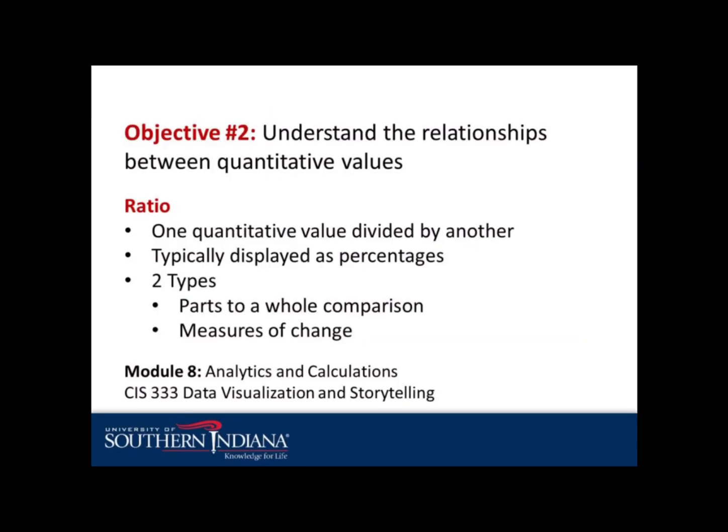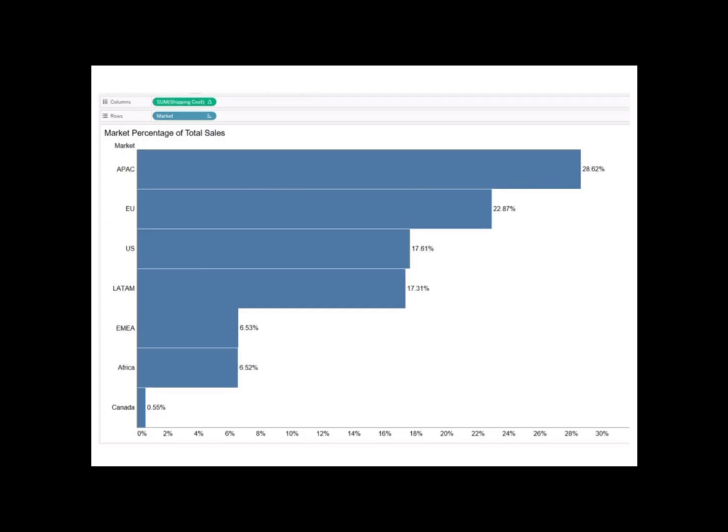And our second quantitative value relationship is ratio. That's typically where you take one quantitative value and divide it by another. It's typically represented as percentages. And you have two types generally. You have the parts to a whole comparison, which we've talked about before, and we also have a measure of change.